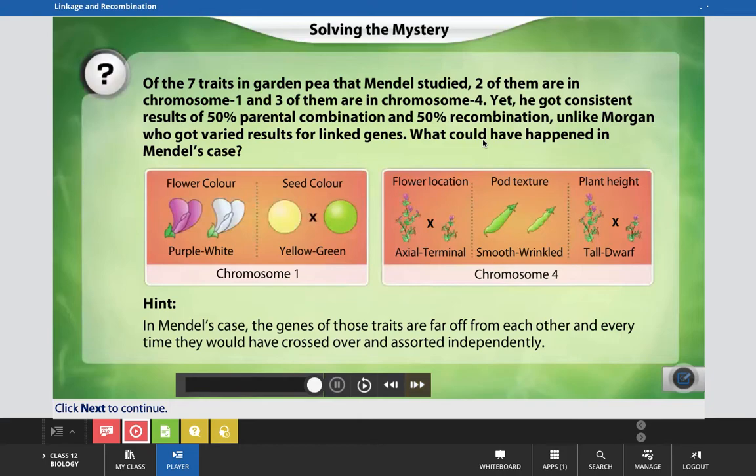What could have happened in Mendel's case? You can answer this question with the help of this clue or hint. In Mendel's case, actually, the genes of those traits are far off from each other, and every time they would have crossed over and assorted independently, which was showing that result of 50% parental combination and 50% recombinations.